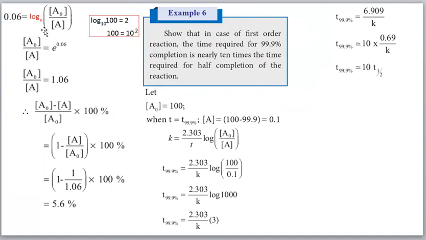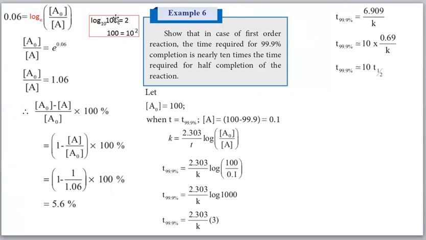Then we have to change the logarithmic equation into exponential form. This is the logarithmic equation, and we can change it into an exponential equation. How to do it? Say this is a logarithmic equation: log 100 to the base 10 equal to 2. How to change into exponential form?